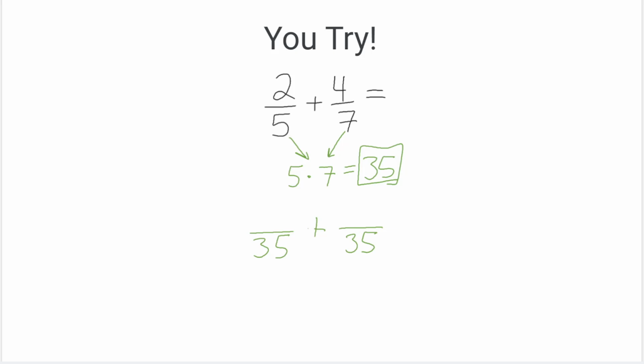And now we need to figure out what's going to be the two top numbers. So we have 2/5 originally. We need to figure out what over 35 is the same thing as saying 2/5.